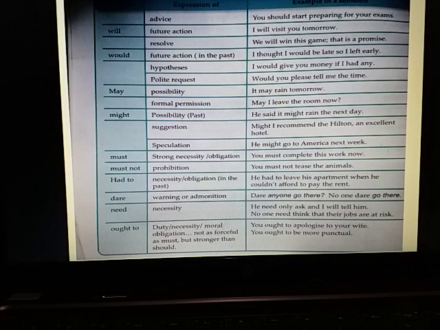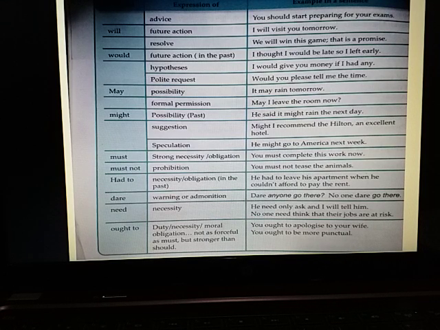Must is used to express necessity or obligation, to indicate conclusion, and in case of prohibition. You must not bunk school, or she must be here in the evening.